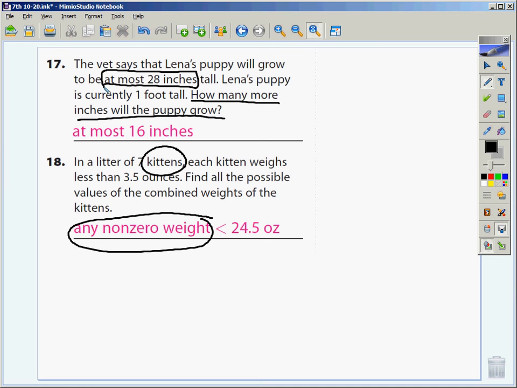But it might not make 28. Okay? They're inequalities, so there should be multiple ways to solve it, which is why you see it says at most 16. It could grow what? 1 could grow what? 3, 4, 5, 6, right? All of those are possible, right?